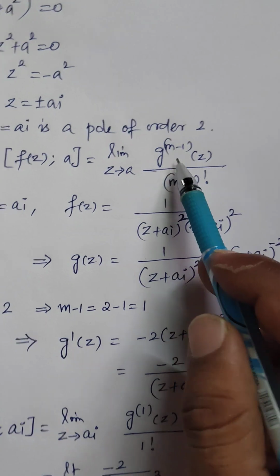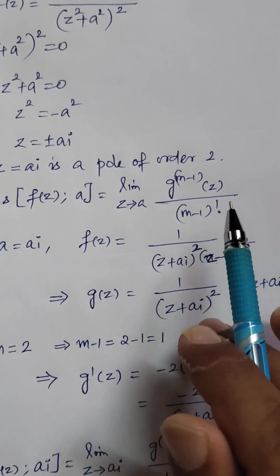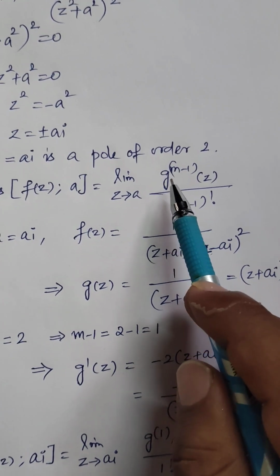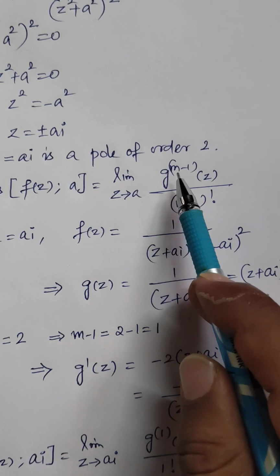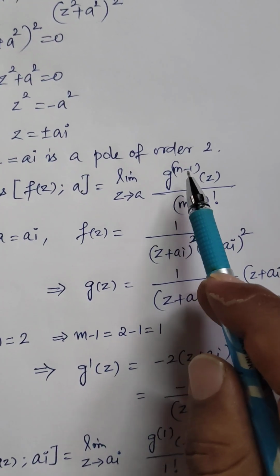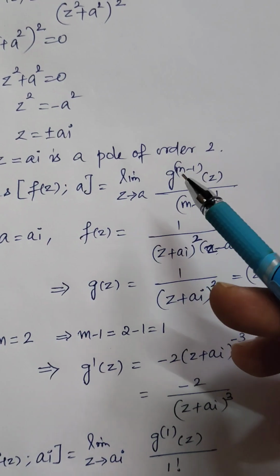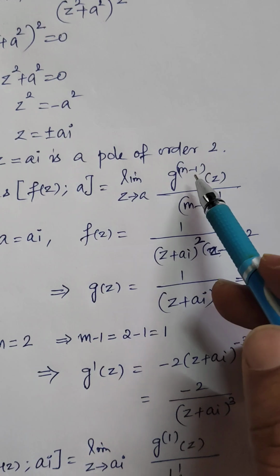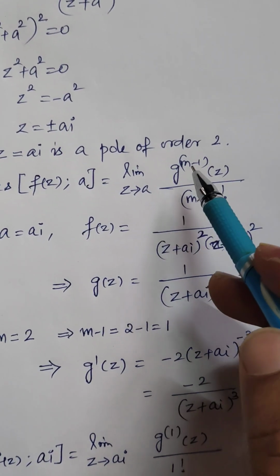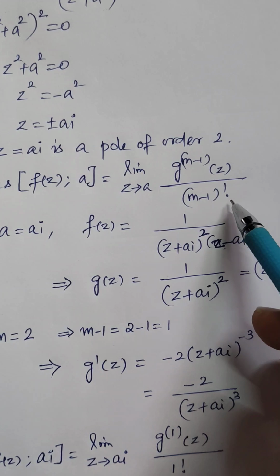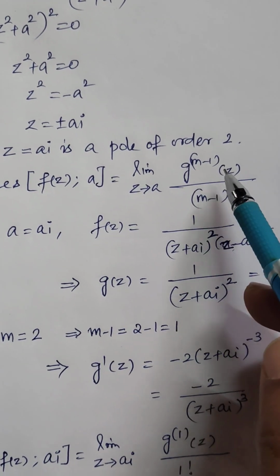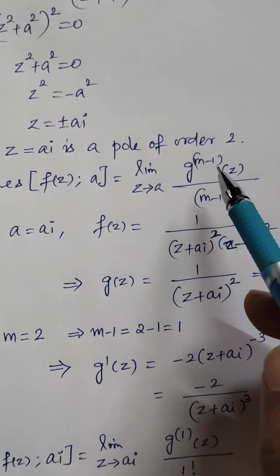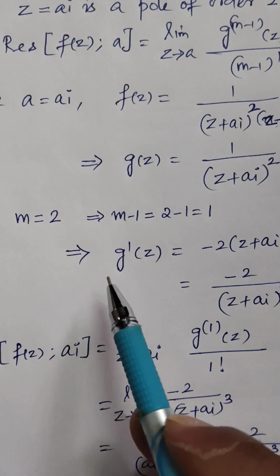So g power 1 of z means g dash. Suppose if m equal to 3, 3 minus 1 is 2, that means g double dash. If m equal to 4, 4 minus 1 is 3, g triple dash, that is the meaning. That means we can differentiate 3 times, but here m equal to 2, so 2 minus 1 is 1, so g dash of z divided by 1 factorial. g dash of z means you have to differentiate g of z with respect to z one time.